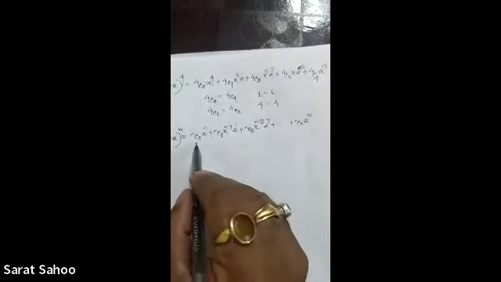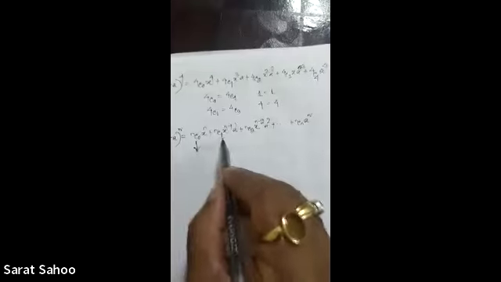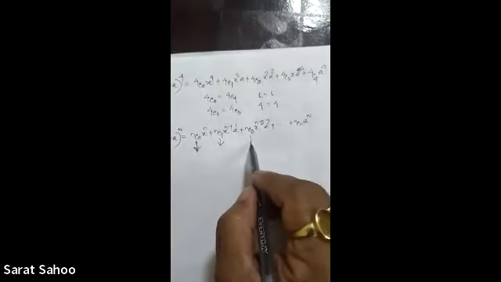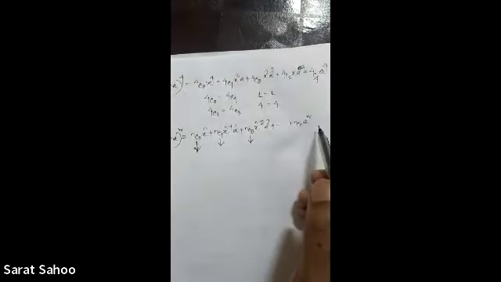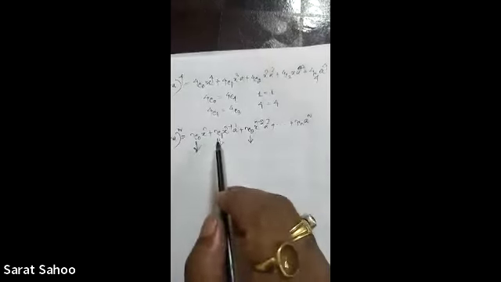You see, nC0 is the first term, nC1 is the second term, nC2 is the third term. So first term, third term, fifth term, seventh term, these are called odd place terms. Second term, fourth term, sixth term, these are called even place terms.